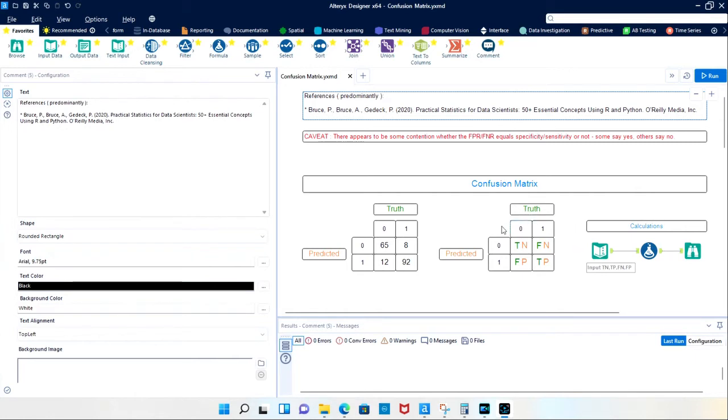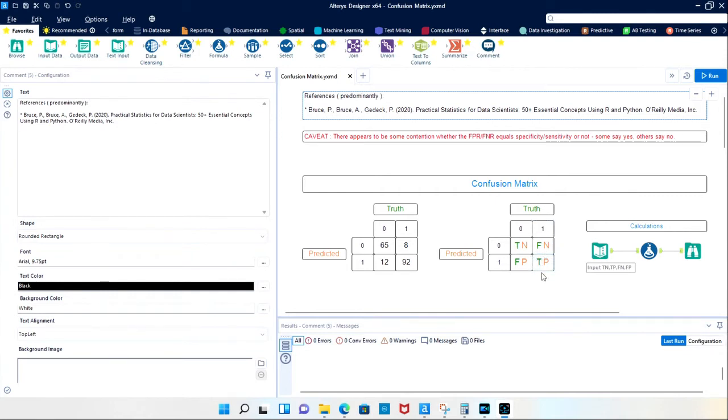So in this column right here, 65, we predicted a 0 and it was a 0, therefore it's a true negative, because 0 is the negative outcome, 1 is the positive outcome. And where the ones intersect, we have the true positive. We predicted a 1 and the truth was a 1.